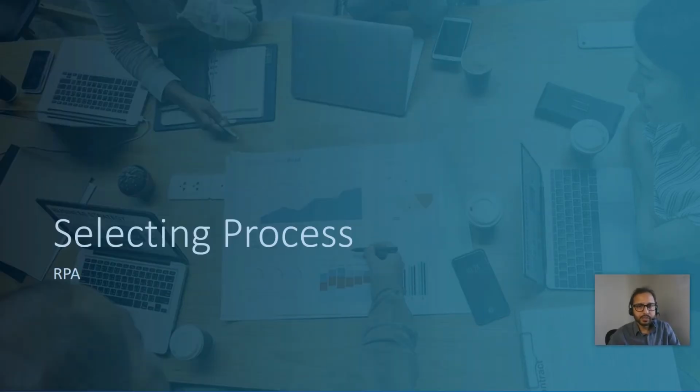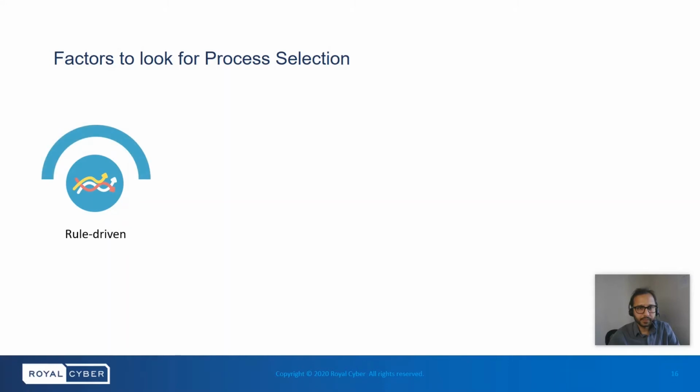Now let's see what is important while selecting a process for automation. So we are looking for processes that are easier to implement. We should prioritize the processes that are easier to implement and will give more return on investment. We'll try to judge them for their lesser complexity and more return, because that's an easy win that can help us in running a successful program.